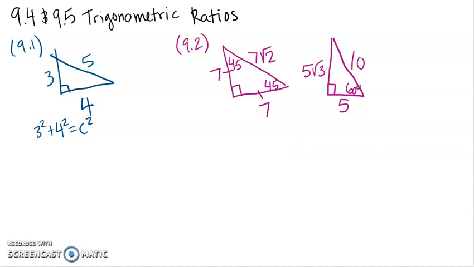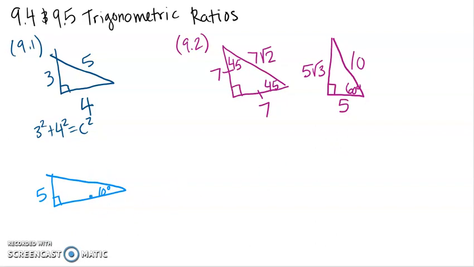Now what would happen if we had a triangle that didn't exactly fit into one of those categories? Say I know one side is 5 and an angle is 10 degrees. How could you figure out another side here?